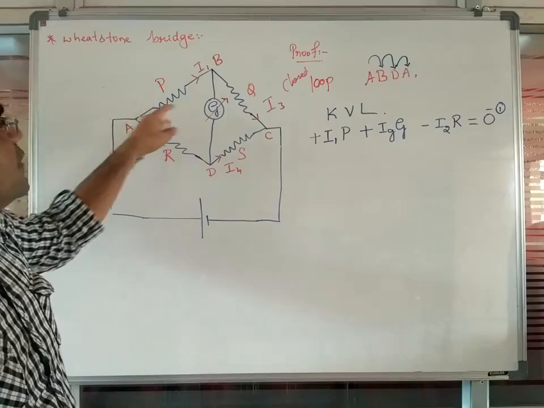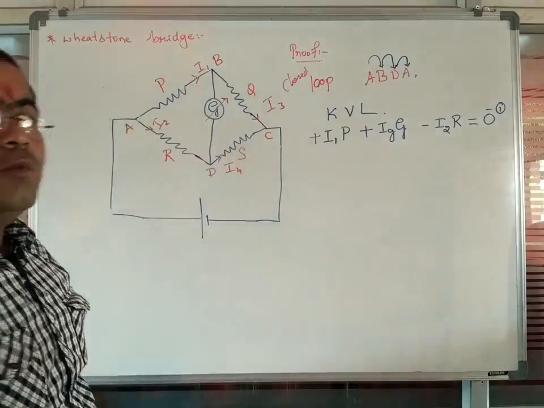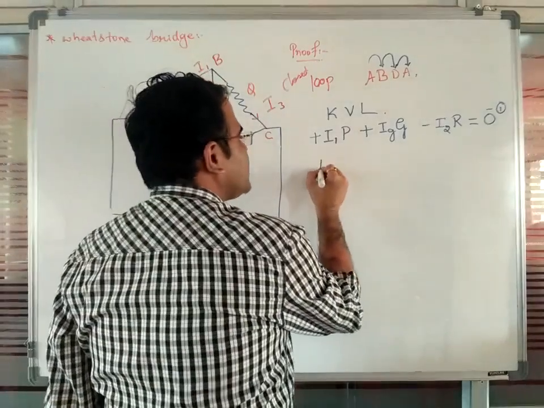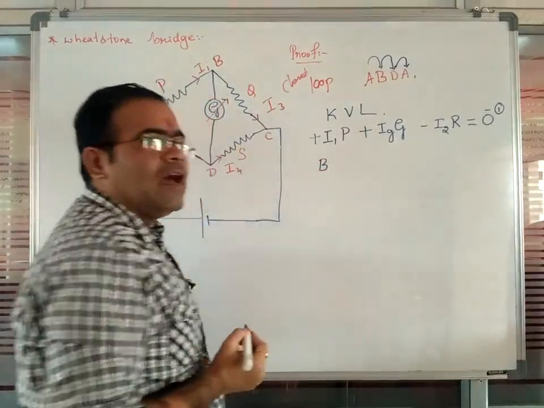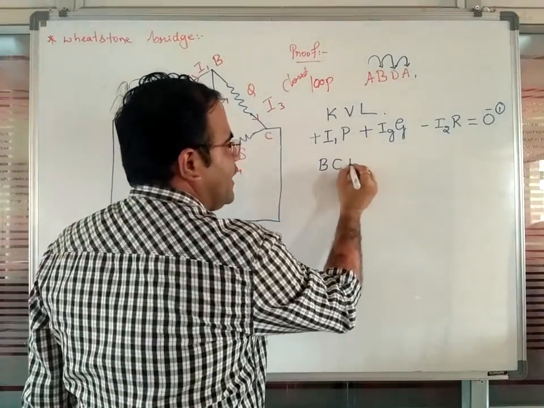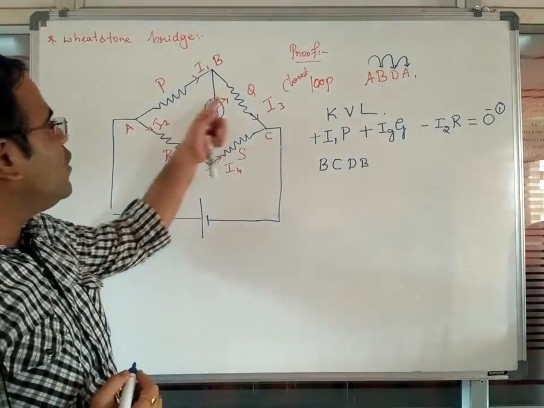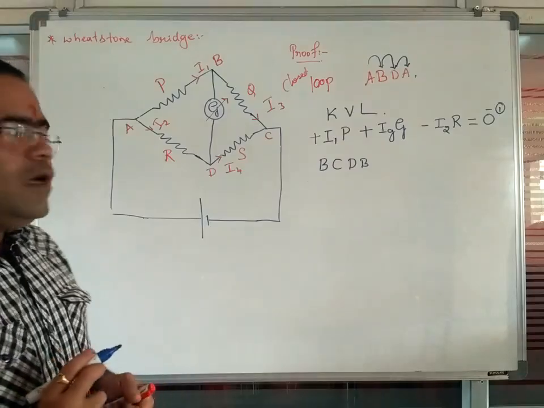After taking equation number 1, now you are going to move towards the second loop. We'll start at point B, move towards point C, thereafter point D, and again it will end at point B only. So this is a closed loop.